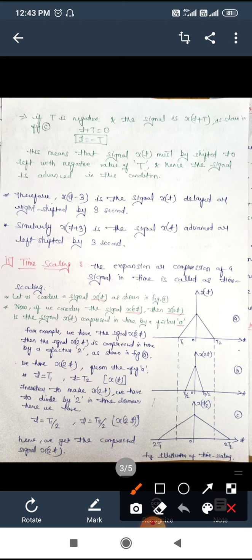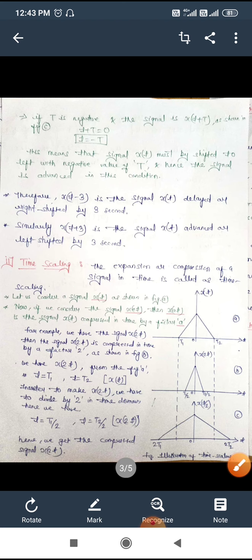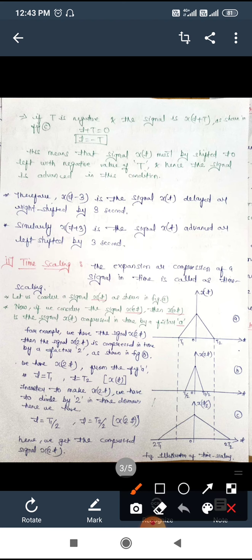Now we will discuss the next, time scaling. What is time scaling? Time scaling is nothing but expansion or compression of a signal in the time domain. Here the first diagram is the signal x(t). In time scaling, either we have to compress the signal or we have to expand the signal.